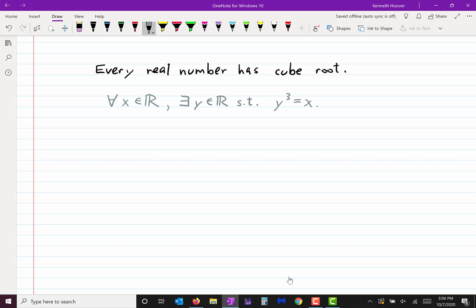Okay? That's what you would call a universal existential statement, which is not to be confused with an existential universal statement. And this is a big mistake that people often make. They think that if you change the order of those quantifiers, it won't make a difference.